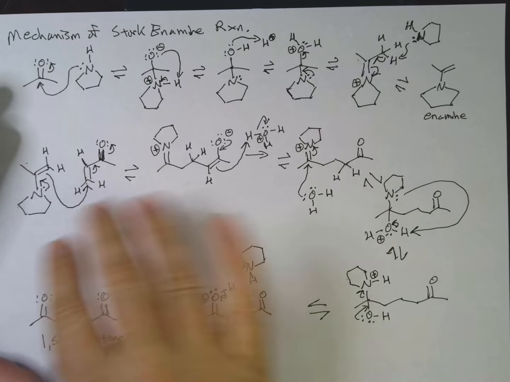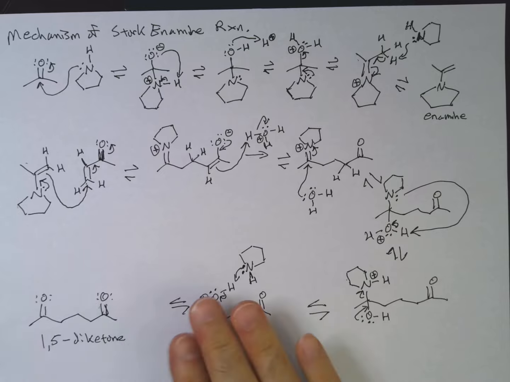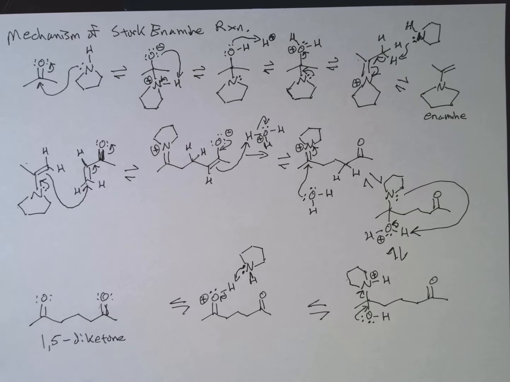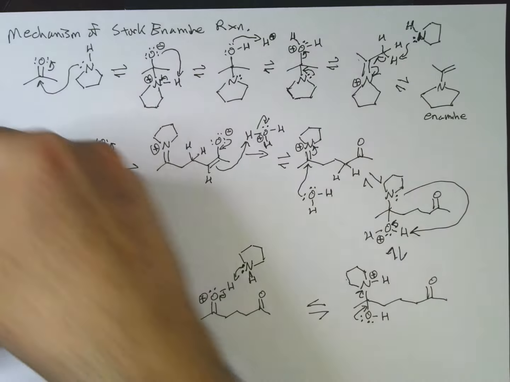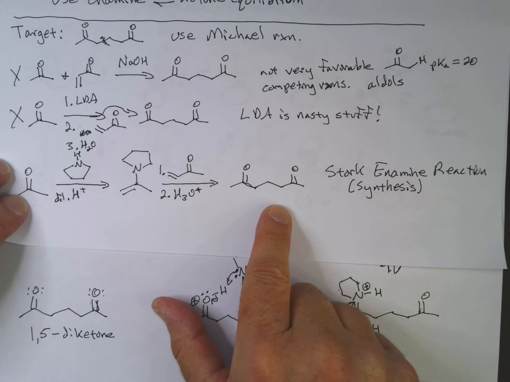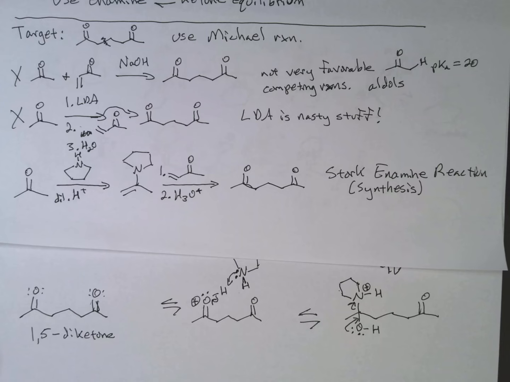I'm not going to hold you guys responsible for this mechanism, at least not at this time, but I did want to show it to you, and maybe you'll use it. Maybe you will use the Stork Enamine synthesis to make a 1,5-diketone. All right, well, I hope this gives you another tool in your arsenal as far as synthesis goes.